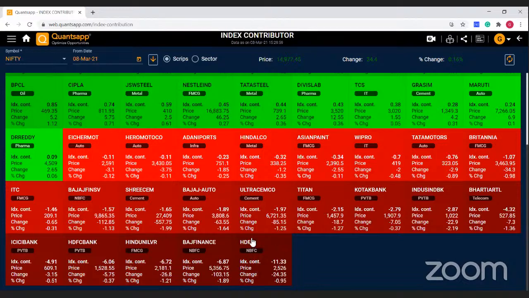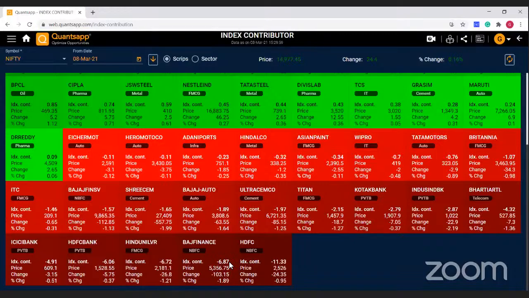The darker the box is, the more they have contributed negatively. Even though HDFC Bank has had a change of negative 1%, it is the most negative contributor in the Nifty. Bajaj Finserv has fallen by around 1.9%, while its contribution is very little in terms of negative contribution.